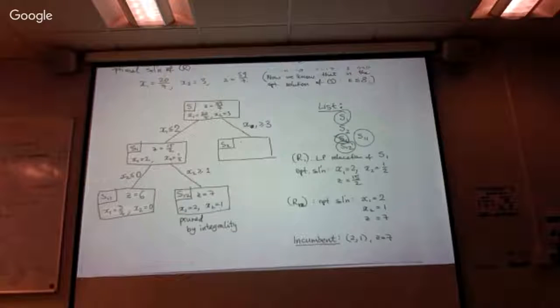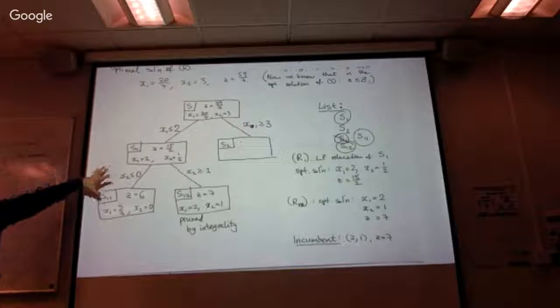How do you know? That's a very smart guess. Okay, say it again. The thing is, as we're going down the tree, we're adding new constraints every time.